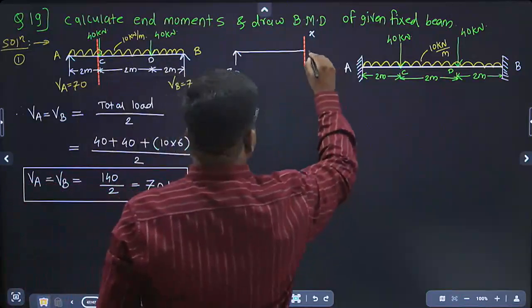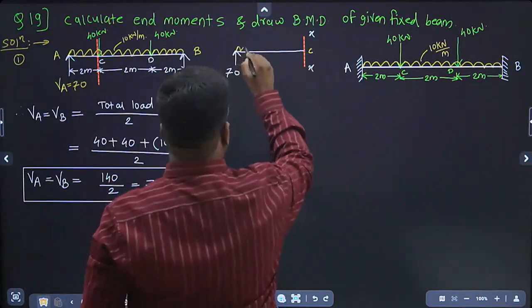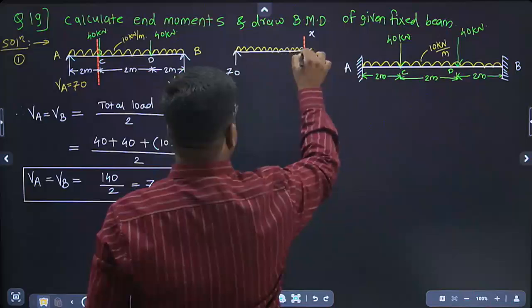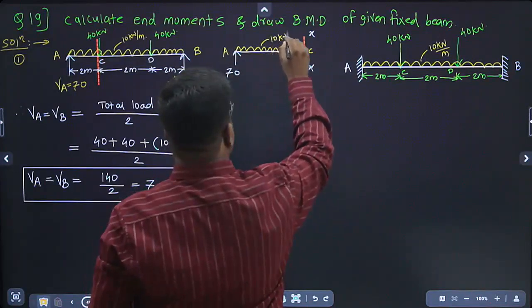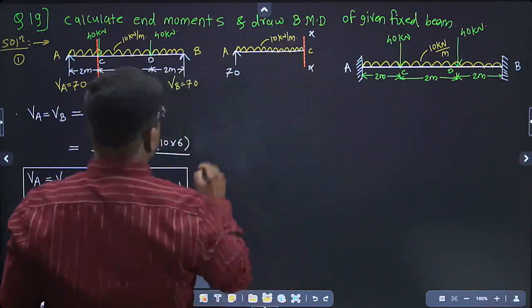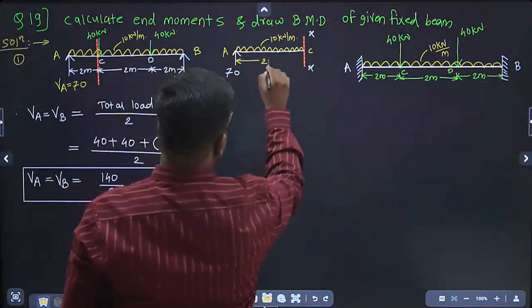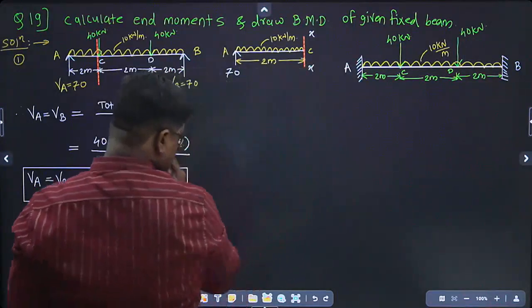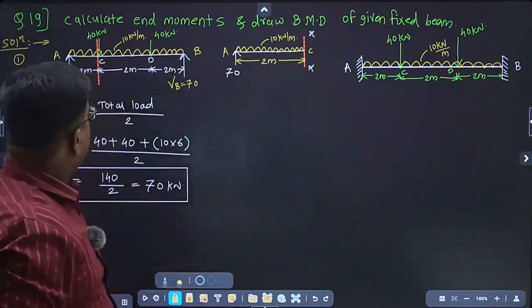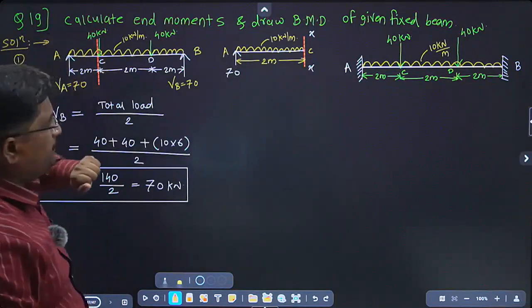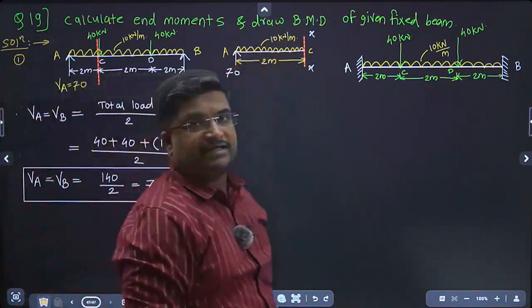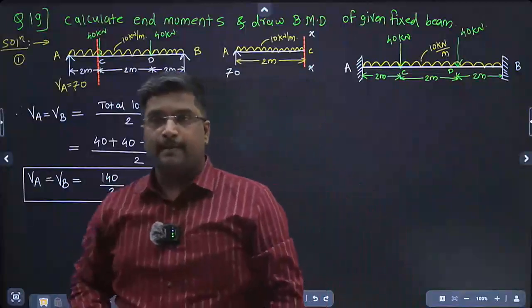This point is C, and this is the UDL. Up on portion A to C, this is a UDL of intensity 10 kilonewton per meter, and this distance is 2 meter. Clear? We have considered the left part of that section.